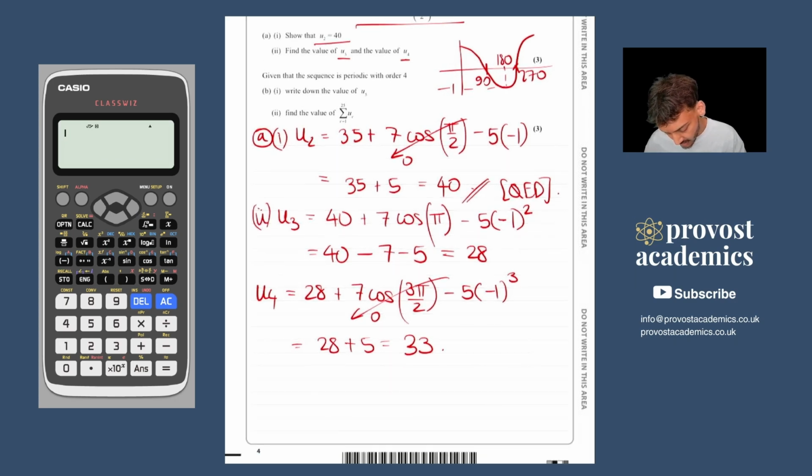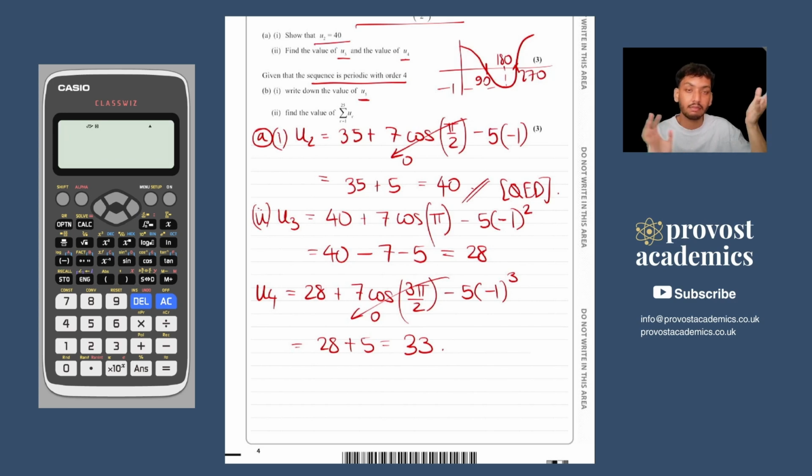The next question is talking about the sequence being periodic with order 4. Write down the value of u5. If it's a periodic sequence, it repeats itself after a certain period, in this case 4, and luckily we know what the first 4 terms are. The 5th term would effectively be the first term.